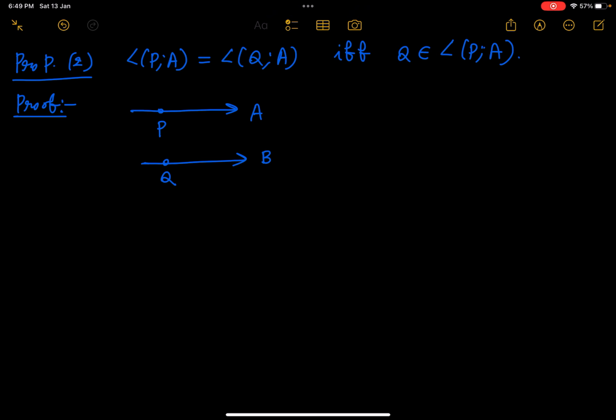Suppose they are equal. You can see that this line has to be on this line, so Q must be on this line.